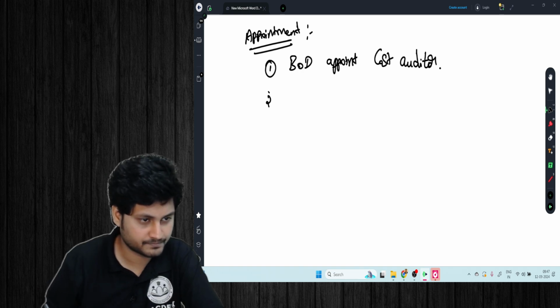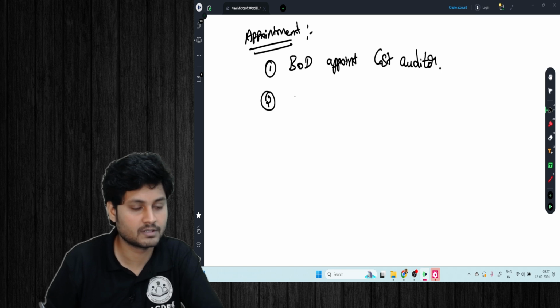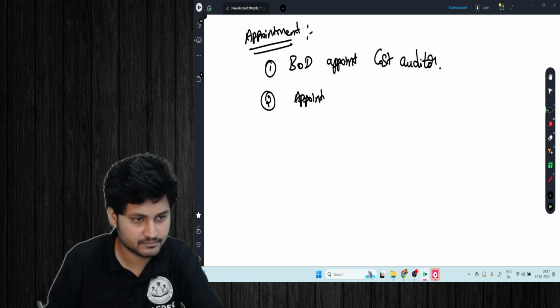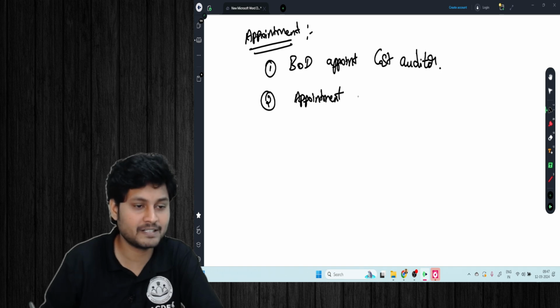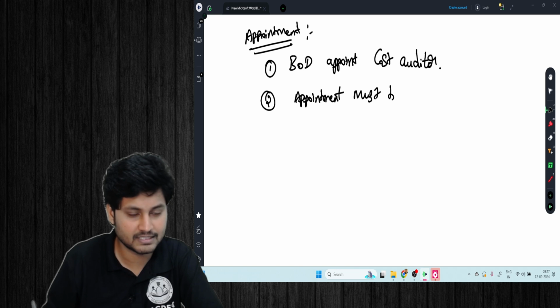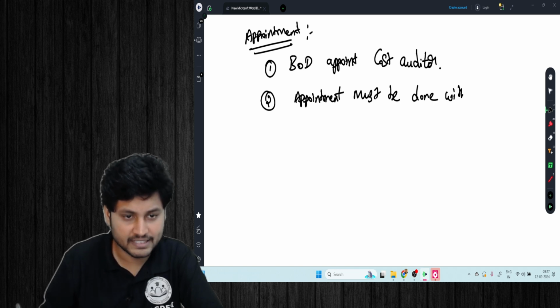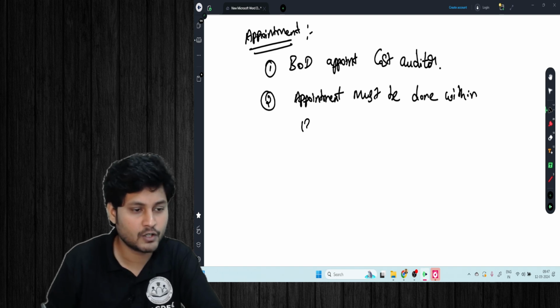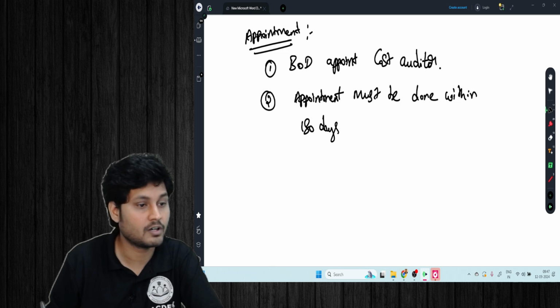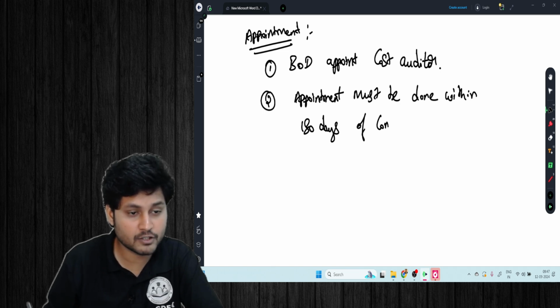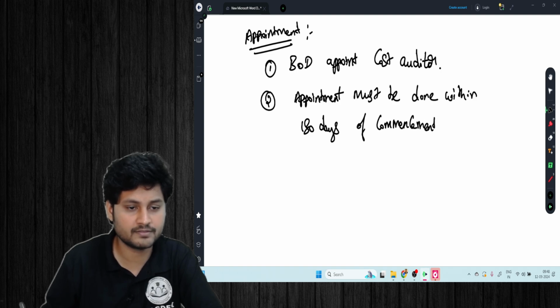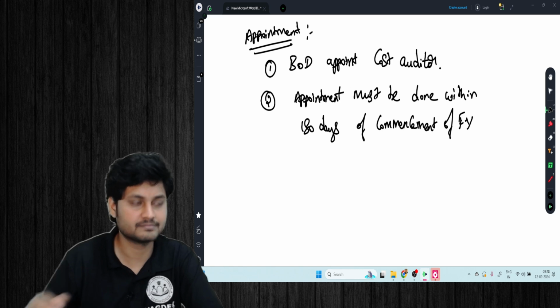Point number 2. Appointment must be done within 180 days of commencement of the financial year.